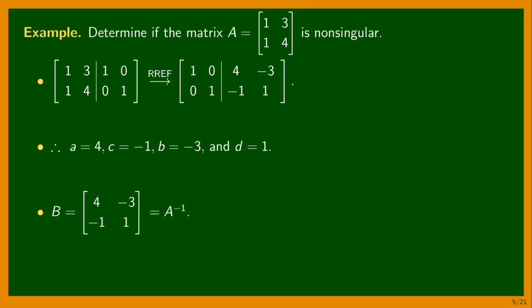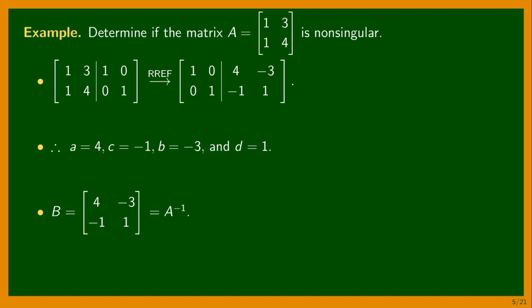Therefore, the matrix B that we need is the matrix with rows 4, negative 3 and negative 1, 1. This gives us the inverse of A. Take note also that this matrix B, or the inverse of A, happened to be the one right here. Do you notice anything?